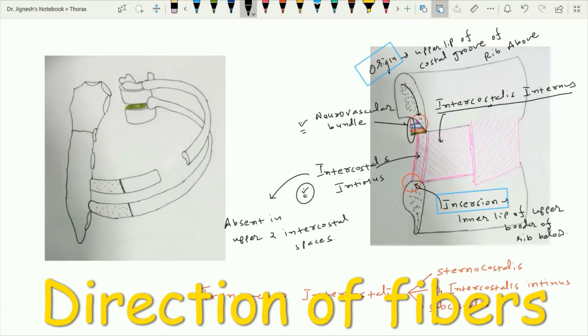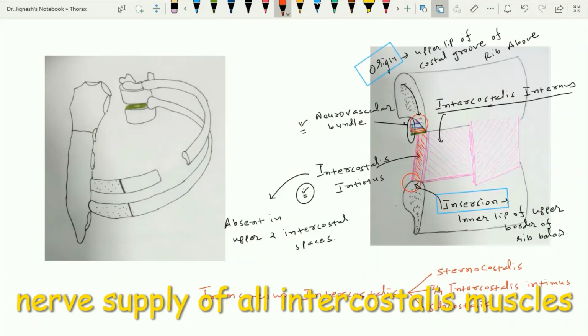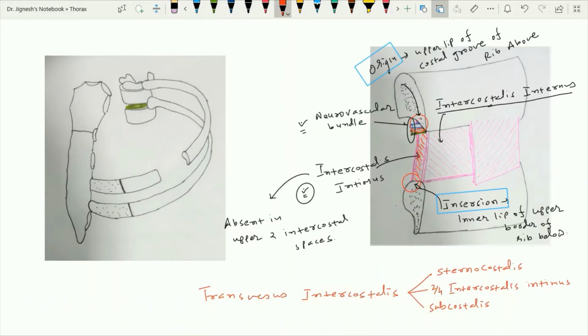When we see the direction of the fibers of this intercostalis intimus muscle, it is the same as the direction of the fibers of the internal intercostalis. So we have seen all the three muscles. Now let's see the nerve supply of all the three intercostalis muscles. All these intercostal muscles are supplied by the corresponding intercostal nerve.